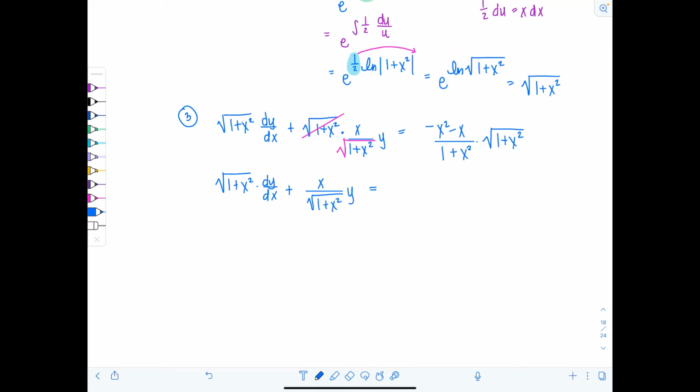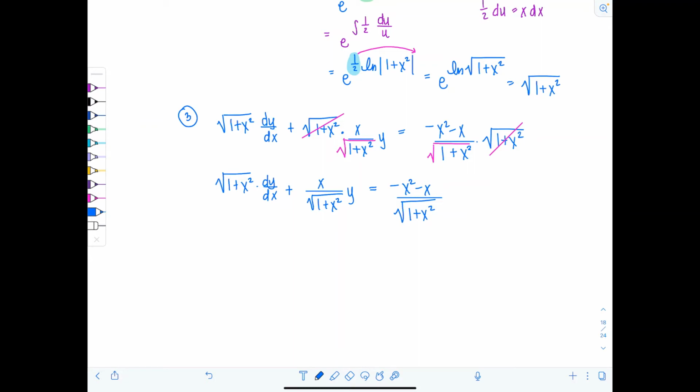And then this equals, notice on the right-hand side, I can do the same thing, right? Cancel out that rad 1 plus x squared. And then now this 1 plus x squared in the denominator becomes rad 1 plus x squared. So we have negative x squared minus x over rad 1 plus x squared.